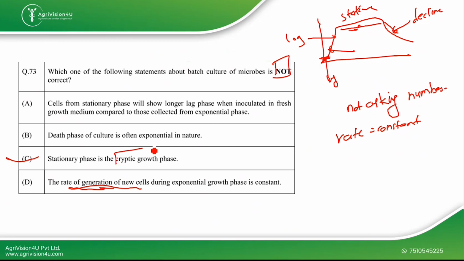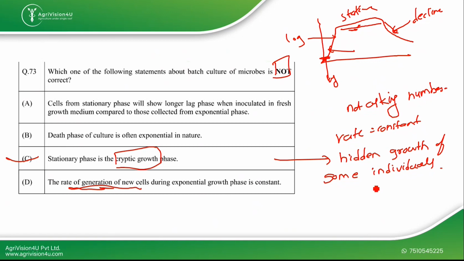But we should know what cryptic growth is. Cryptic growth means hidden growth of some individual cells in starving bacteria in the death phase.